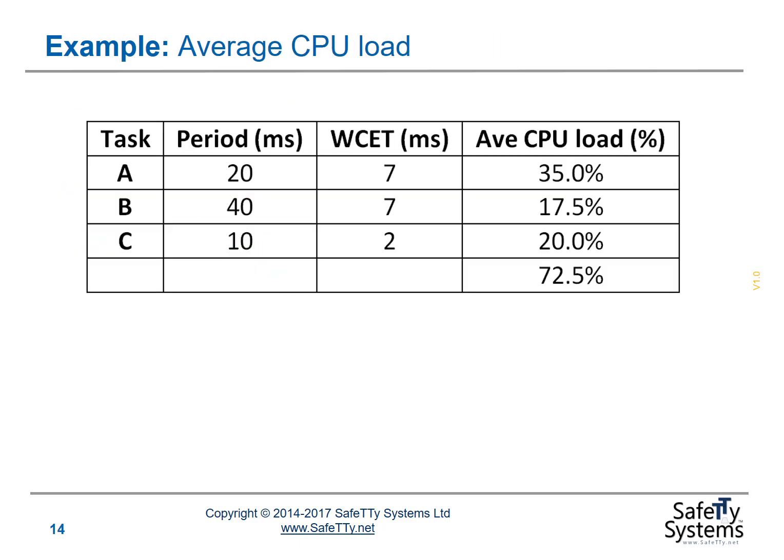If we consider that task set again, we've got task A, task B and task C with the period and worst case execution time values that we've looked at, and we can look at the average CPU load, or the CPU utilization, which comes in at 72.5%, excluding any scheduler overheads. So we think it's likely that we would be able to schedule this task set.